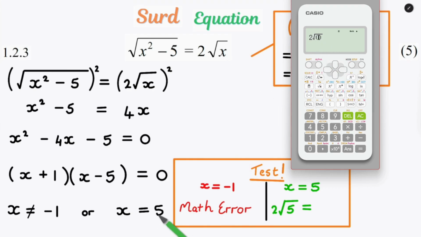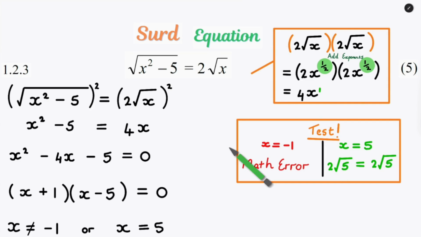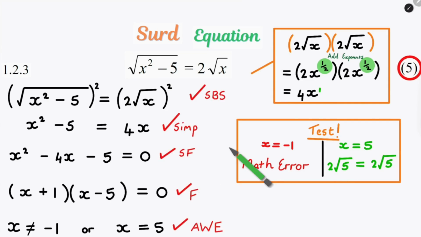And then I'll put my x value in, that 5. And you can see it gives me a 2 root 5 again. So when I test the x equals 5, it gives me the same thing on the left hand side and the right hand side. So that's working. So we leave it as is and we're officially done with the question now. And the 5 marks in this question come from every single step over here.